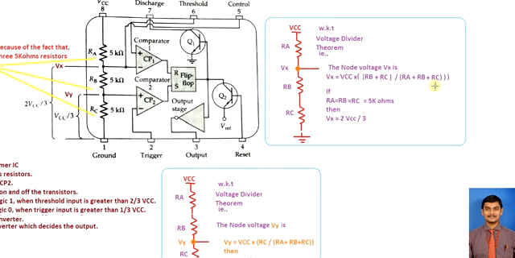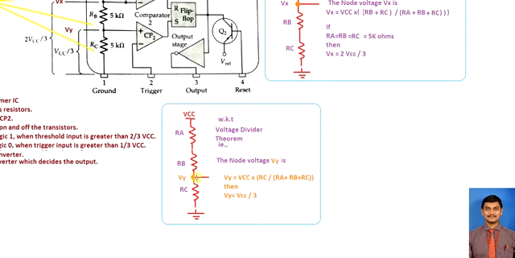This is the formula given here: Rb plus Rc, divided by all the resistances added together, into the main supply, which gives you Vx. We know that all of them share a common resistance of 5 kilo ohm. So when you substitute here, you get 2VCC by 3, or 2/3 VCC. In a similar way, if I tap the voltage at this node by applying the voltage divider theorem again, we get Vy equal to 1/3 VCC.